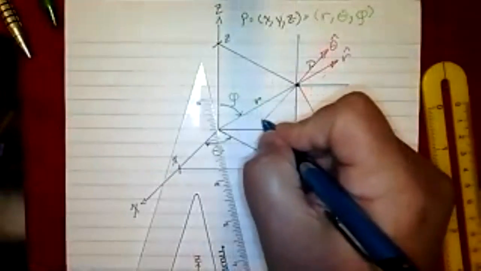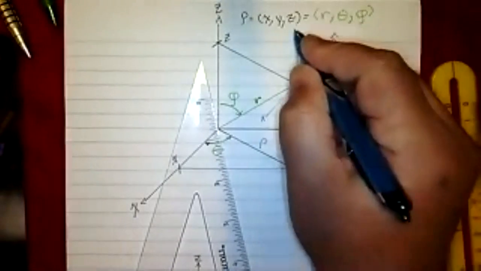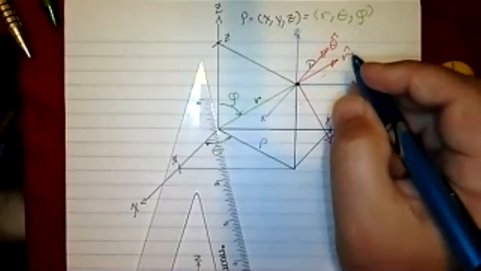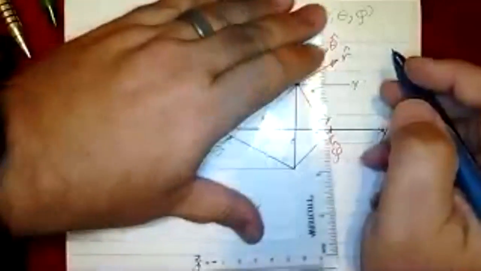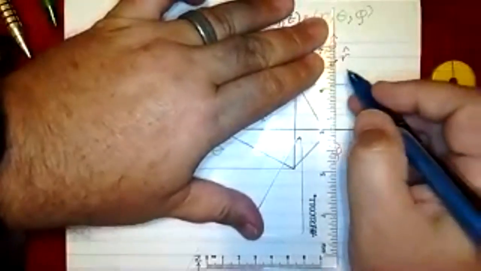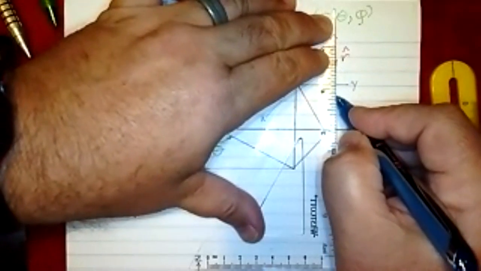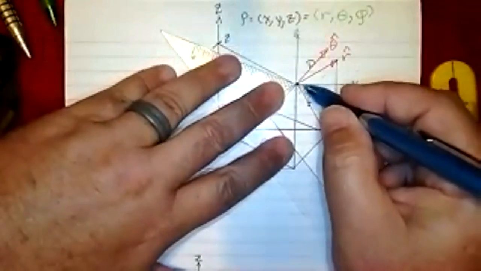So this is x, this is y, and this is z. Now, to get that r hat vector, I need to find its x component, y component, and z component. So I'm going to start off by drawing a line parallel to the z-axis until it hits the xy plane.